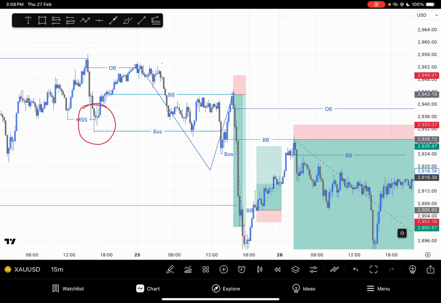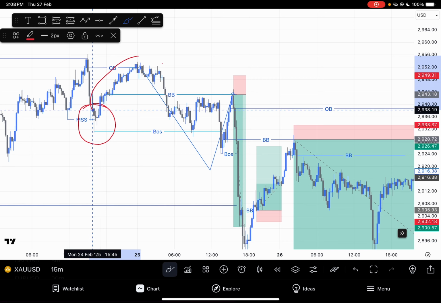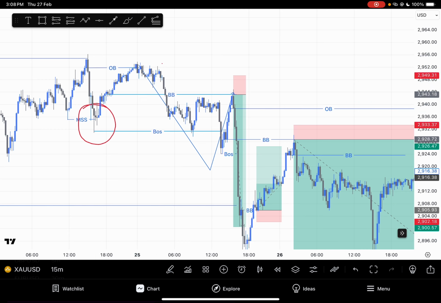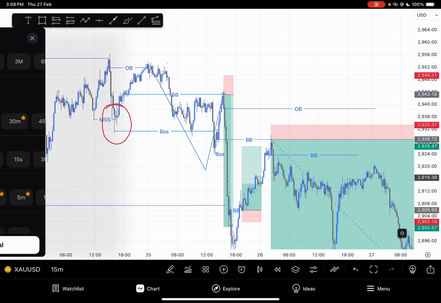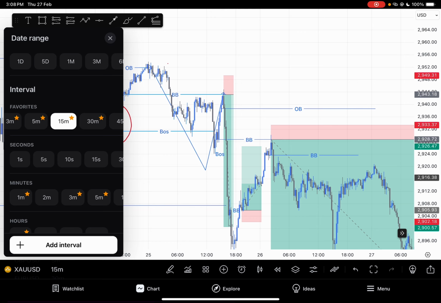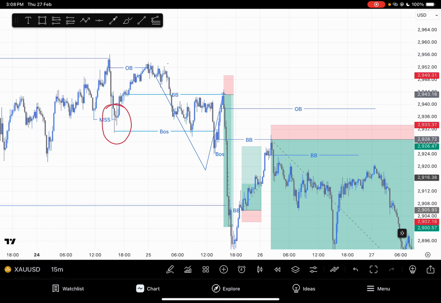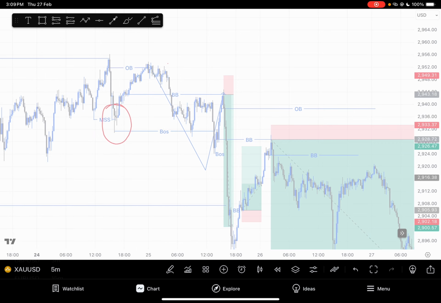Now, after the break of structure, I was looking for an order block or a breaker block from that region there. So what did I do next? I moved down to multiple time frames. Since there's no visible order block or breaker block there, I started checking multiple time frames.